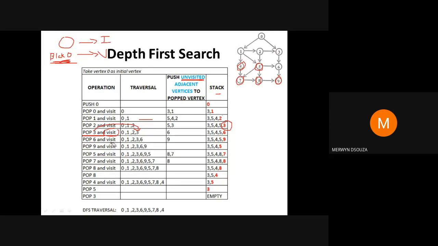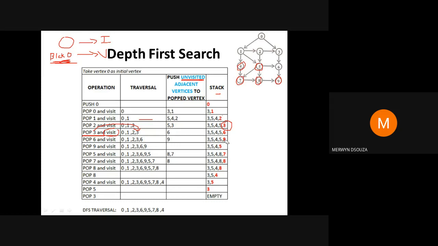Then you find the adjacent vertices of 6. Only one is there, 9. Check whether it is unvisited. Yes, so you push the unvisited vertex onto the stack.